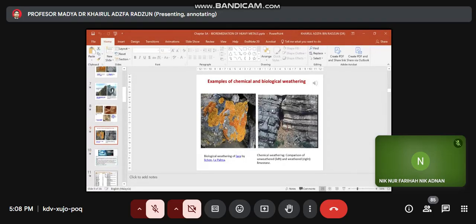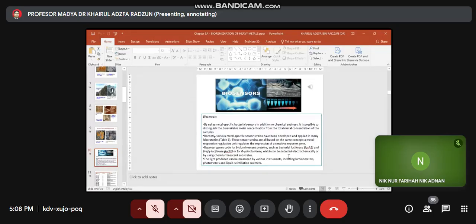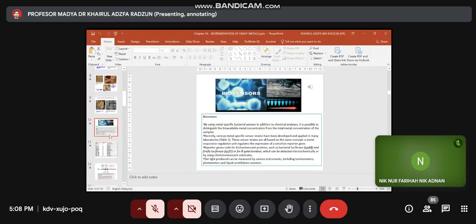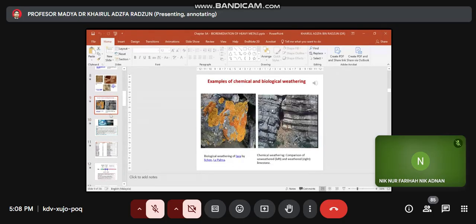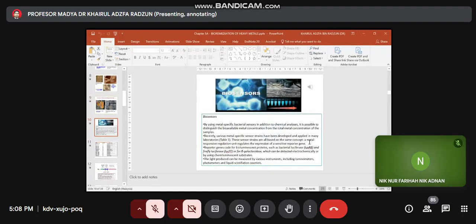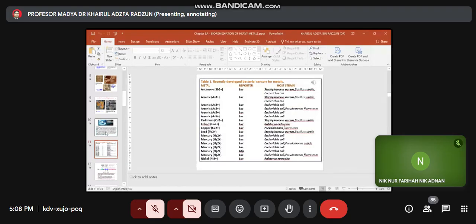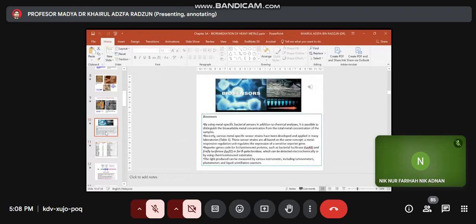Right, we have finished with the weathering, chemical weathering and so on, and now we want to explore the biosensor part. Why is this topic very important?